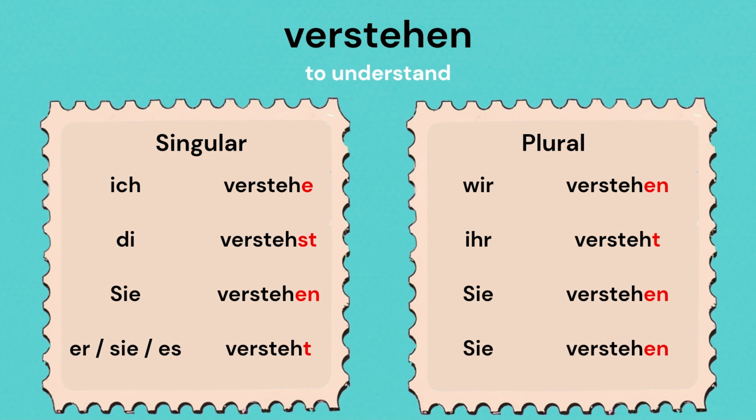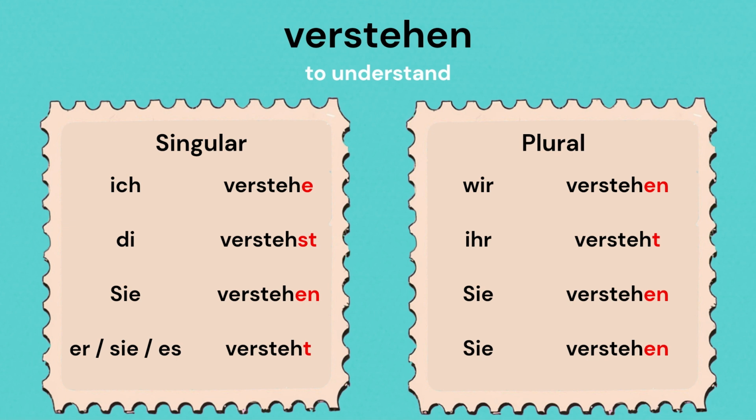Depending on whether the verb is regular or irregular, you have to conjugate accordingly. So here's the conjugation. Ich verstehe, du verstehst, er, sie, es versteht, wir verstehen, ihr versteht, sie verstehen, Sie verstehen.